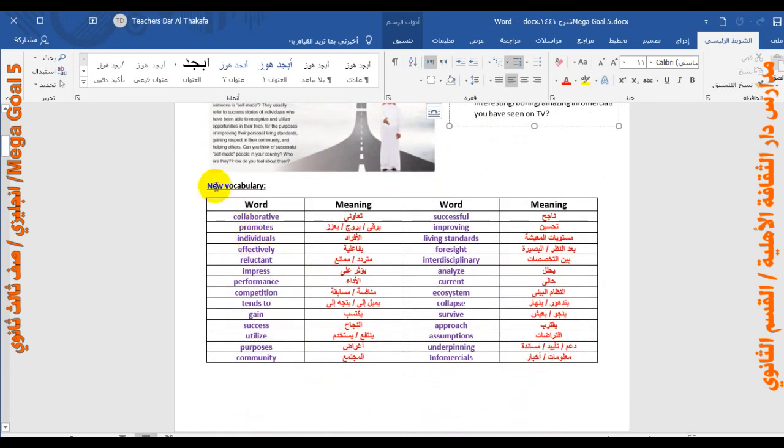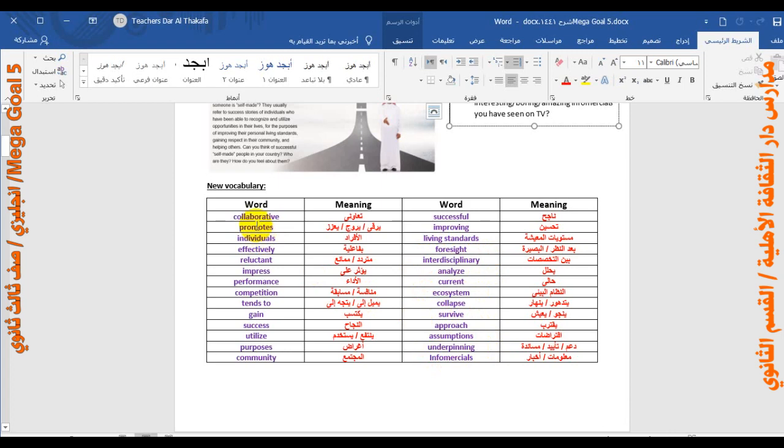And this is the new vocab you have listened to: collaborative, promotes, individuals, effectively, reluctant, impress, performance, competition, tends to, gain, success, utilize, purposes, community, successful, improving, living standards, foresight, interdisciplinary, analyze, current, ecosystem, collapse, survive, approach, assumptions, underpinning and infomercials.